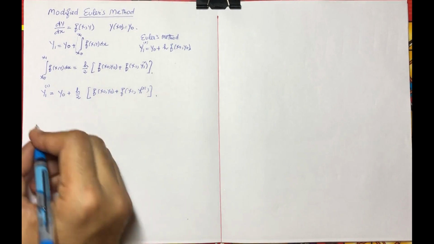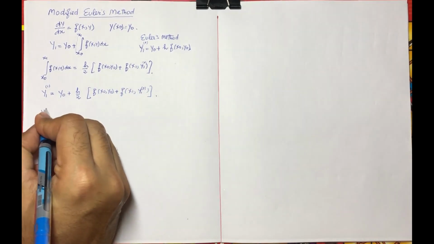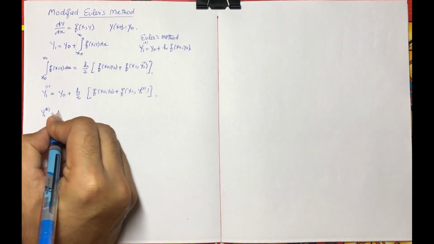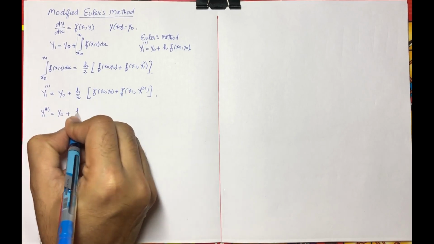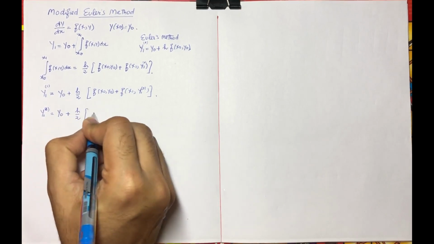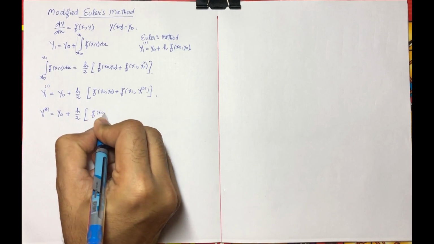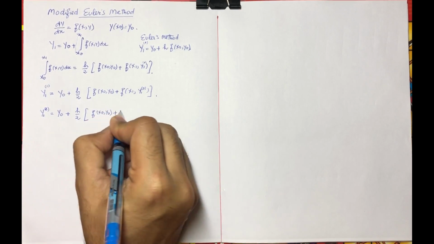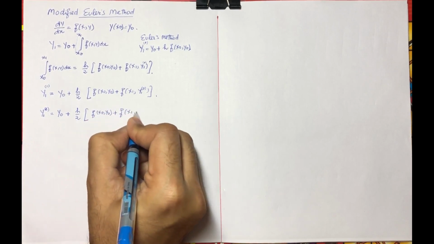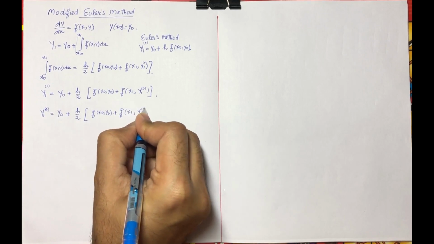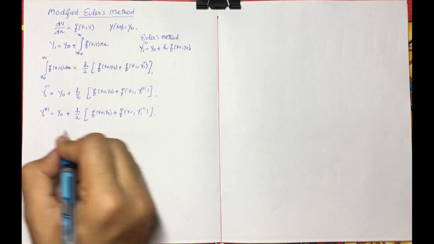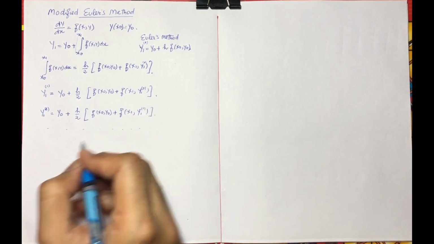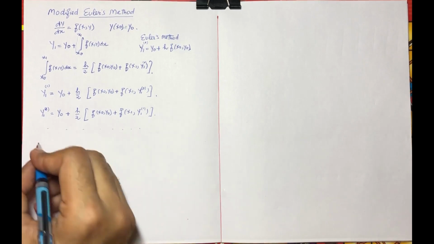So similarly, the second approximation to y1 is y0 plus h by 2 times f(x0, y0) plus f(x1, y1). So we keep on repeating this until we get the desired accuracy.